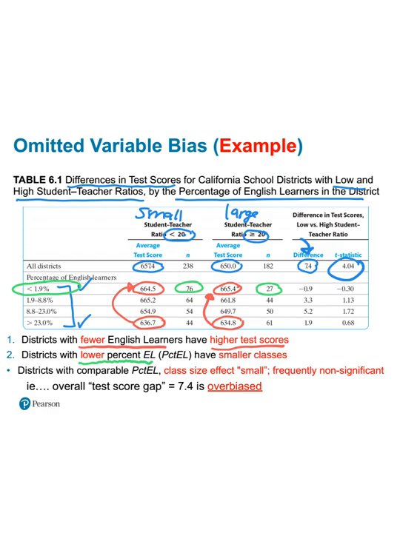Is the opposite true as well? As we have higher percentages of ESL students, are those classes typically larger? Well, when we have greater than 23% being ESL students, we have 61 large classes versus only 44 small classes. So we see this correlation between the two is non-zero, which means that the two conditions necessary for omitted variable bias are satisfied here.